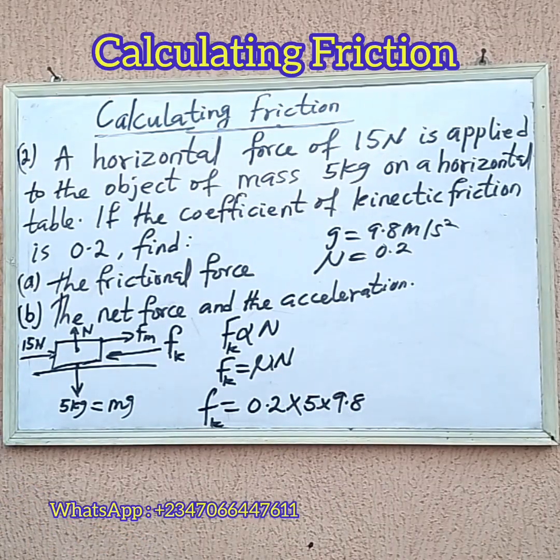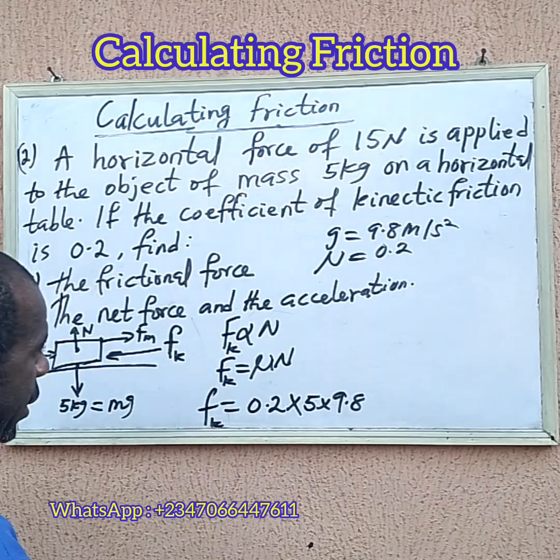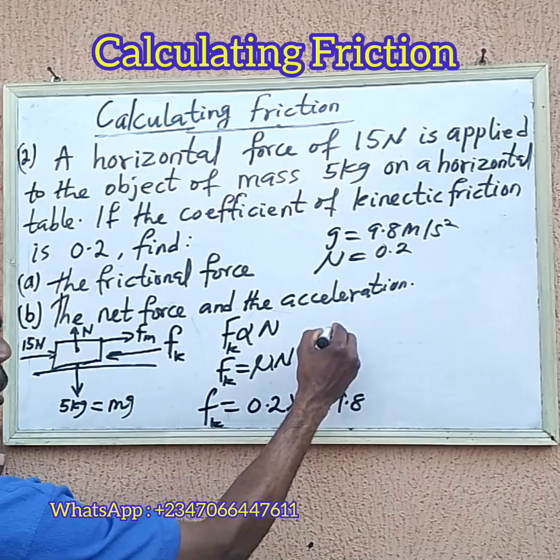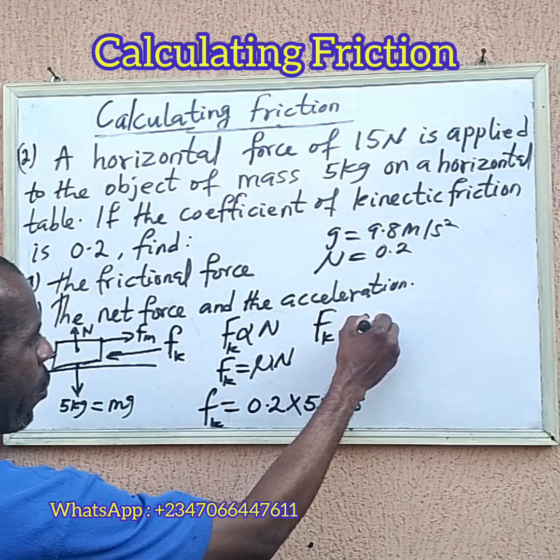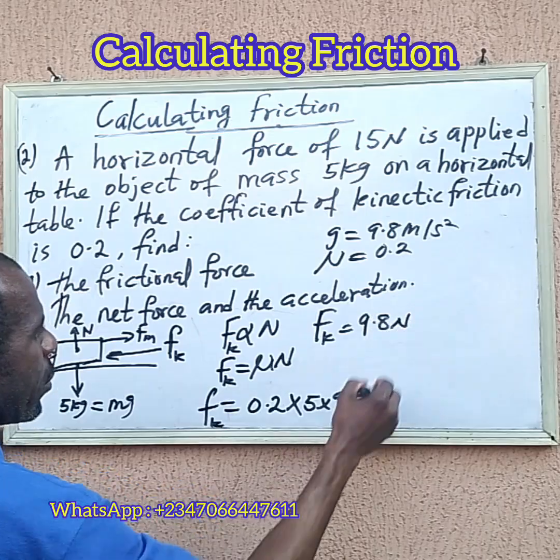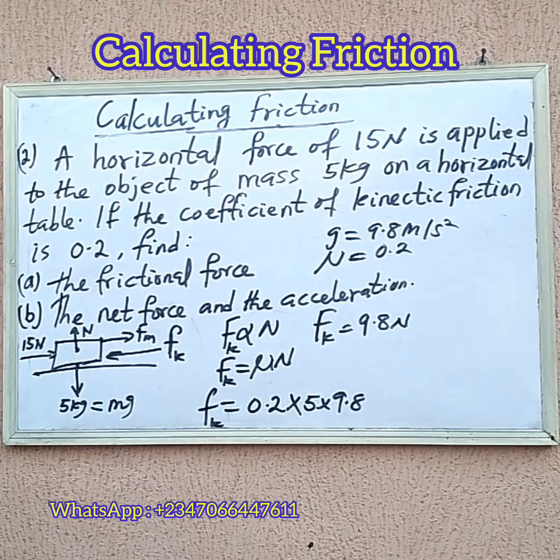Let us take the calculator and multiply everything. At the end of the day, F kinetic is equal to 9.8 Newton.